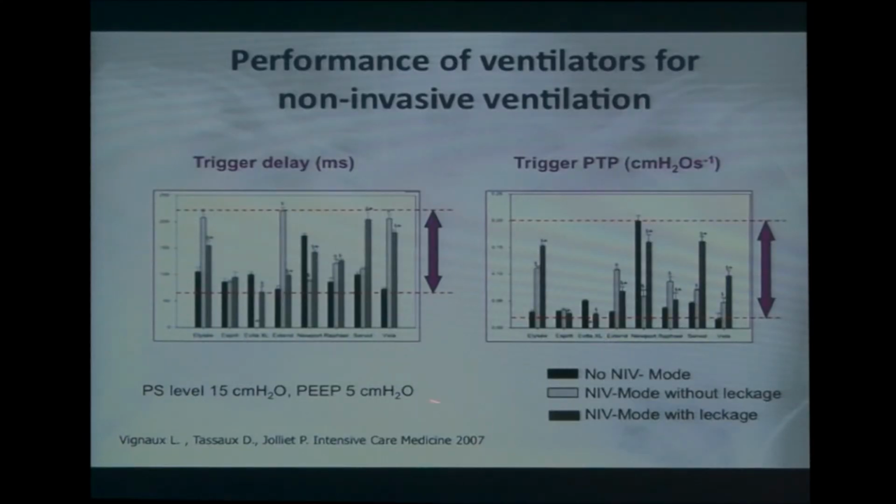That is nicely shown here by this Vignon study from 2007, where you see that whatever ventilator you choose, there are delays that reach up to 200 milliseconds, and thus you have a certain amount of inspiratory work in order to even trigger the ventilator, and you might even get worse if you have a non-invasive mode with leakage compensation.